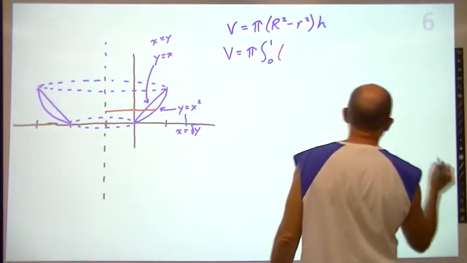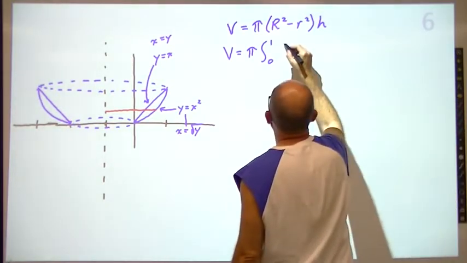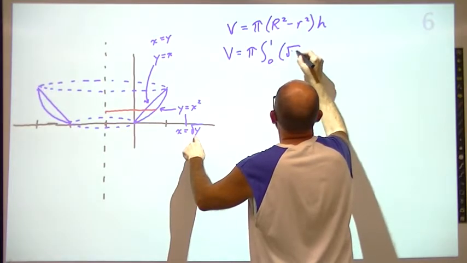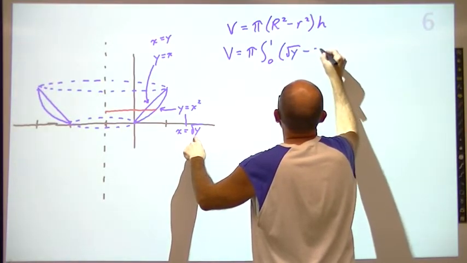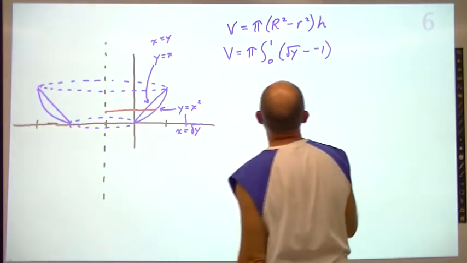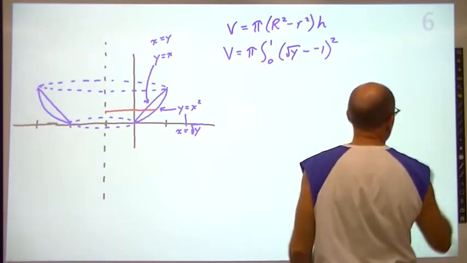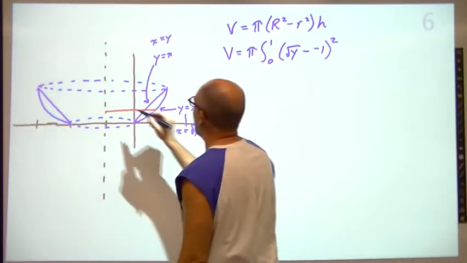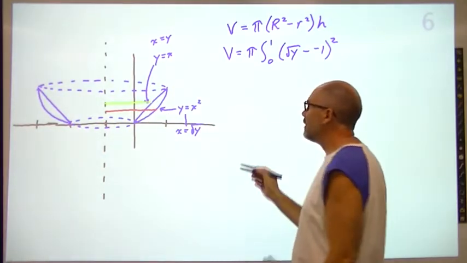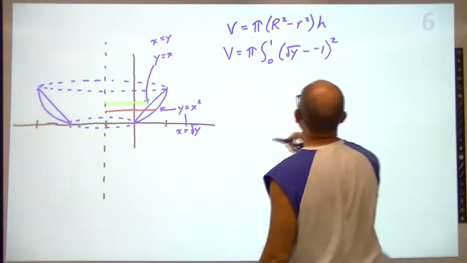Oh no, it's in red, how embarrassing. So that's the square root of y minus the negative 1, right minus left, squared. That's my capital R squared. Now my small r goes from the axis of rotation to the inner part of the rotation, which is x equals y.